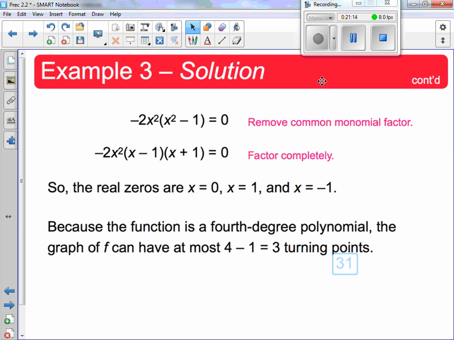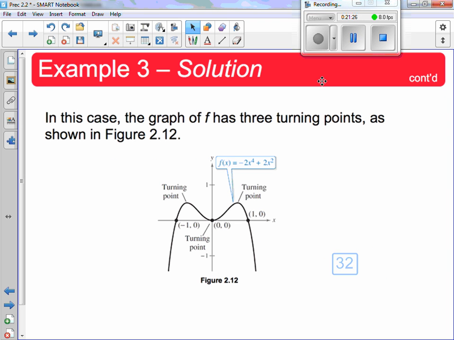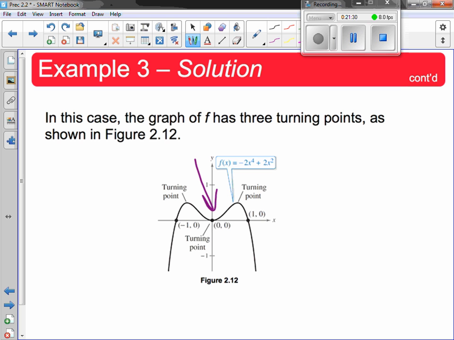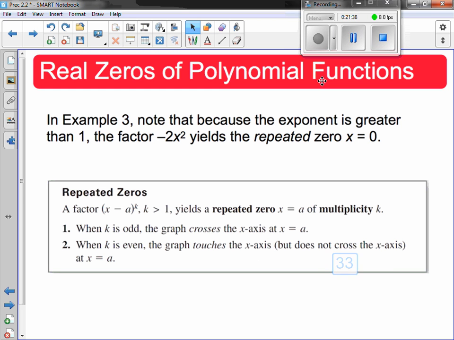So see, they factored, is what they did here. They factored x squared minus 1 to this here. And they do the same thing. We have 3 turning points. And this is it here. So as I was saying earlier, it comes down, touches the x, and keeps going. That's 3 turning points.